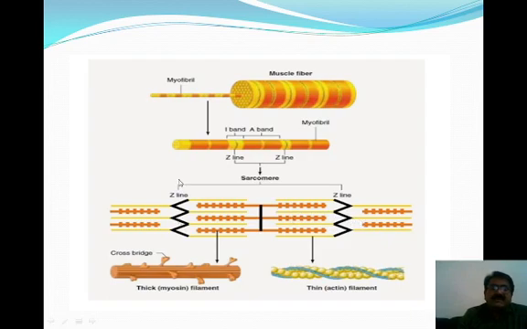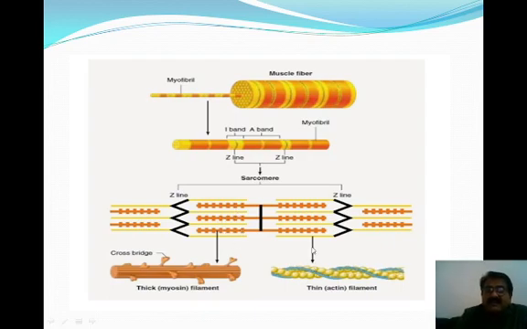In the I band the zigzag line is known as the Z line, and in the A band the specific zone is the H zone. Myosin is a special type of protein present in the myofibrils, and it forms special bridges known as cross bridges, which are present specifically in the A bands.